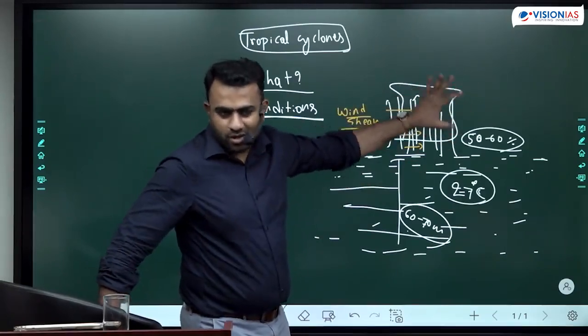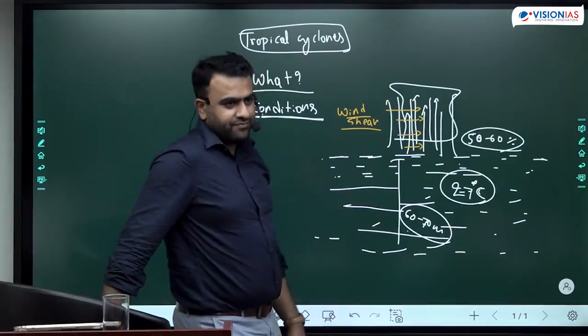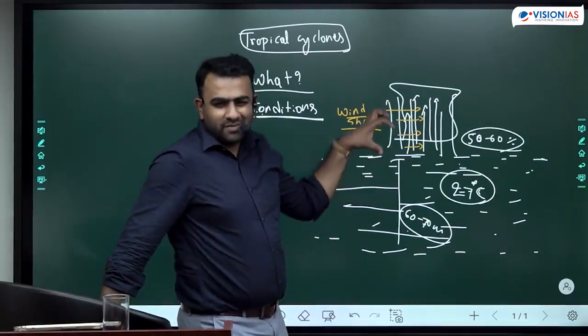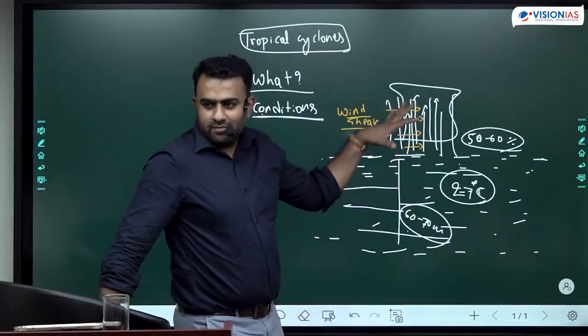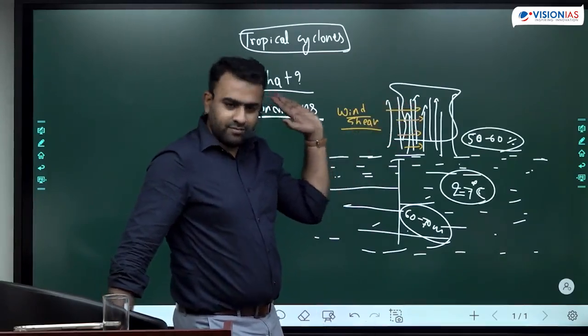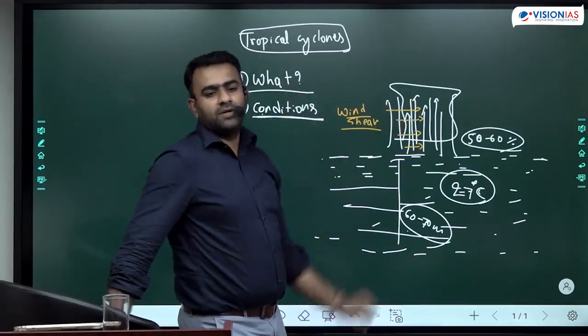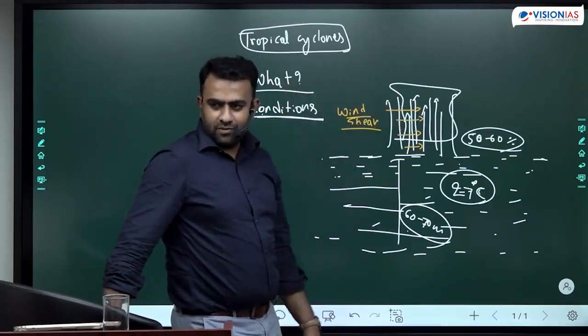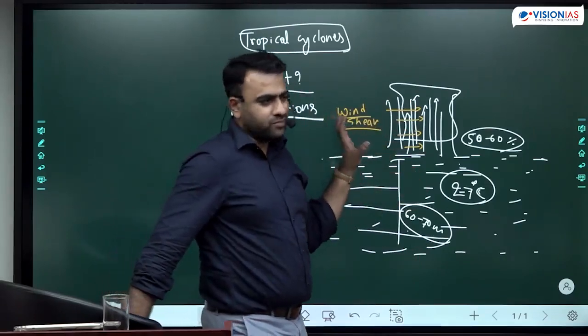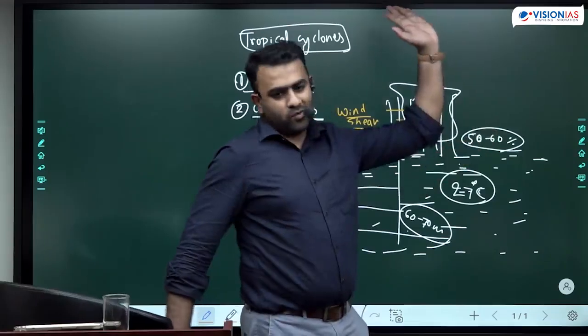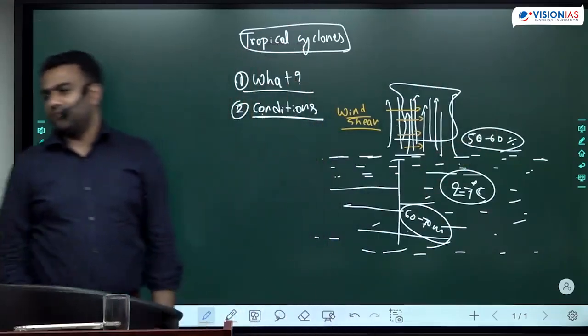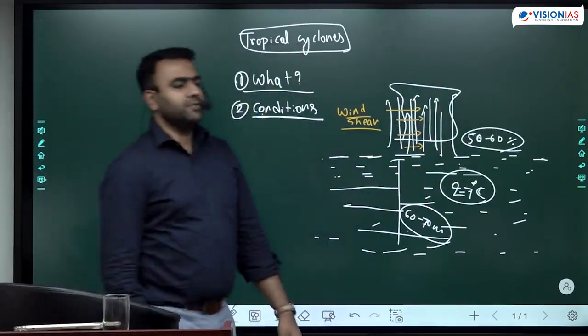You don't need strong disturbance in the air. The air should be little bit calm. I'm not saying stable. Okay, so low pressure, high temperature, but little bit calm condition. You don't need too much of strong wind force. Otherwise, the warm, moist air will be swept away. That will not support cloud formation.